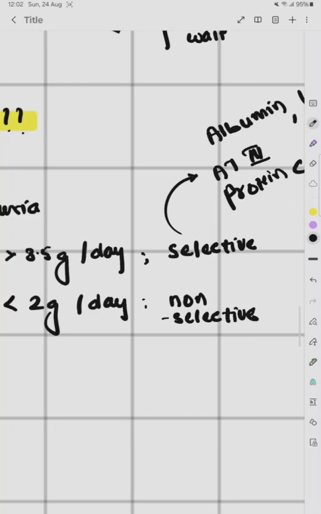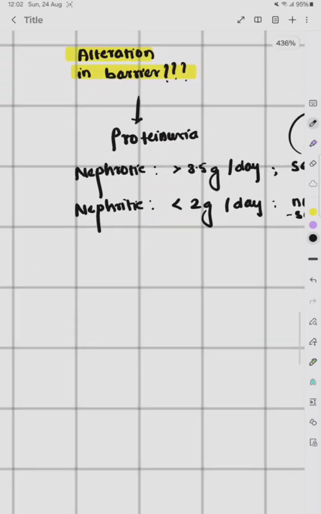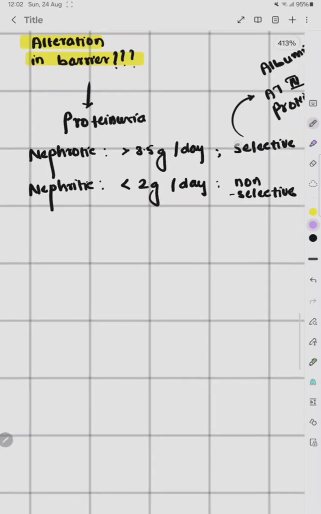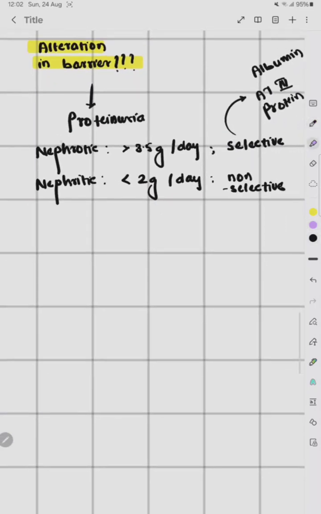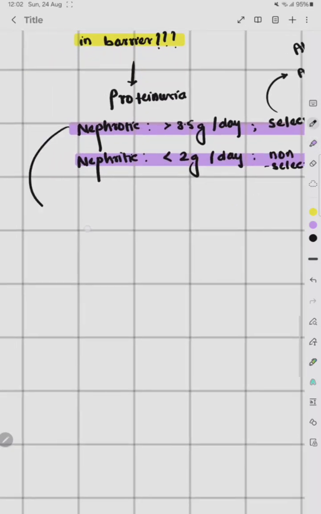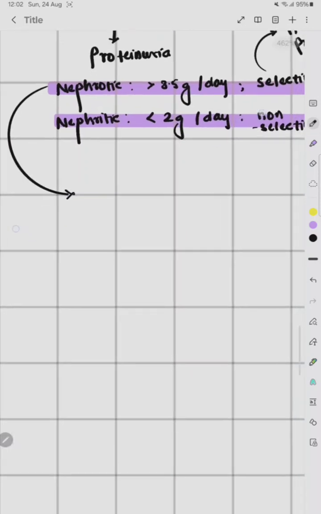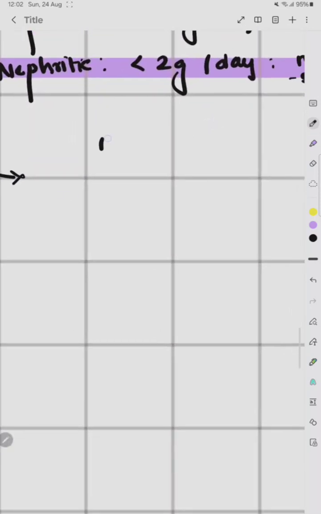First, we have to discuss two principles here. In nephrotic syndrome, because albumin is lost, often this loss far exceeds the production capacity of the liver.